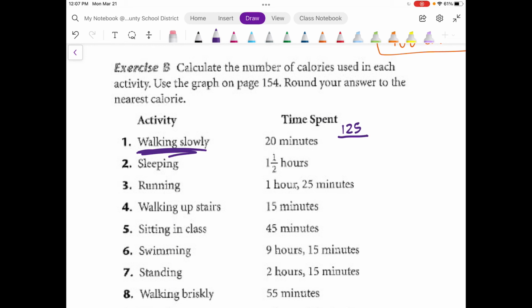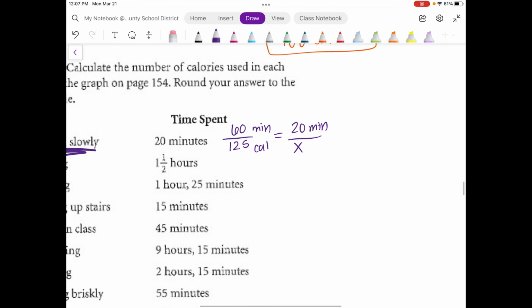Oh, sorry, backwards. I'm going to put the minutes on top. So 60 minutes is about 125 calories. And I want to know how many calories 20 minutes would consume. So you're going to cross multiply and do your thing. Your answer should be in calories. And in this case, it should come out to be 42.